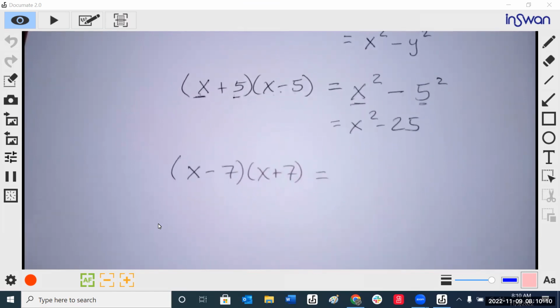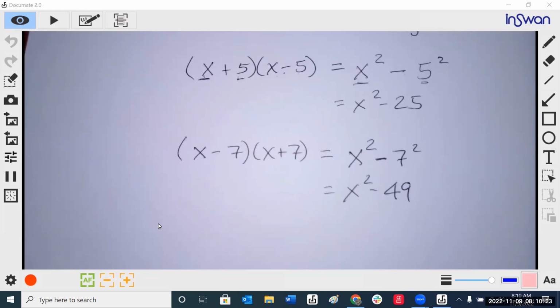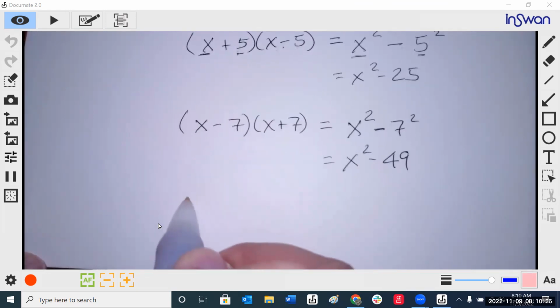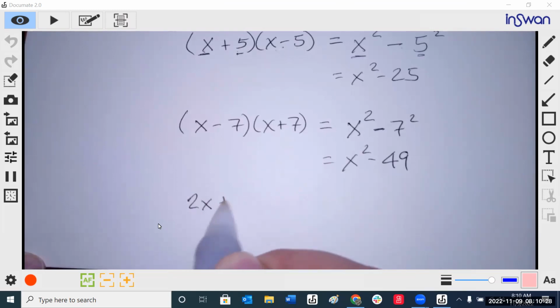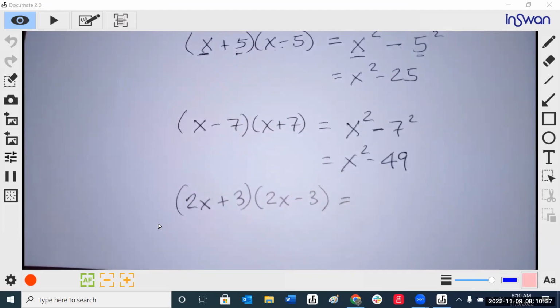What's that going to be? X squared minus 7 squared, which is x squared minus 49. 2x plus 3, 2x minus 3. Same numbers, 2x, 2x, 3 and 3.